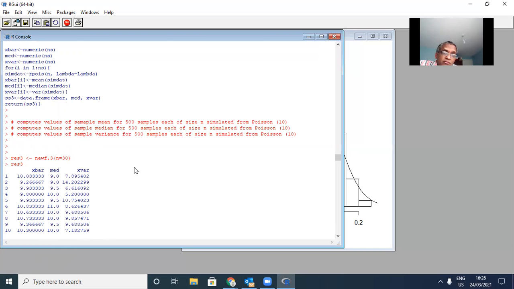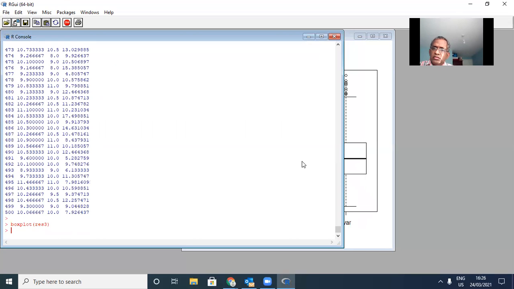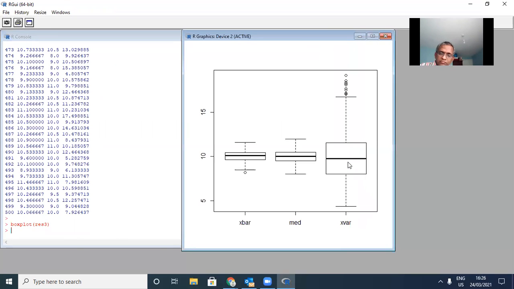Now I'm going to show you how they compare. If you do a box plot of what I just created, press 3, and this is what you will see. There are three boxes. The first box is the box plot for the 500 numbers on the sample mean.